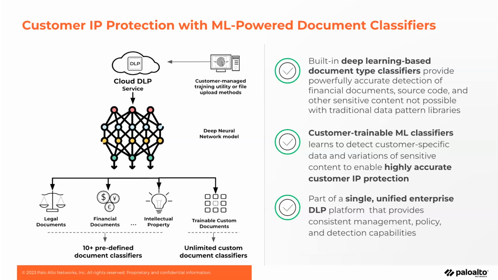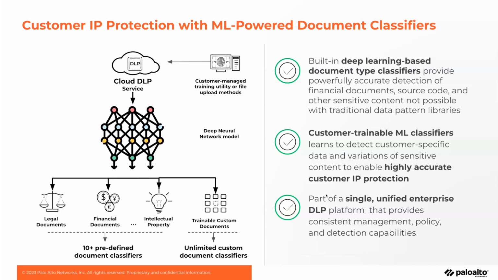And so the customers train the ML models in their DLP tenant, and then can use those for IP protection as well. Right? And one thing that's really center focus for all that we do here with ML training is the customer drives all of that.